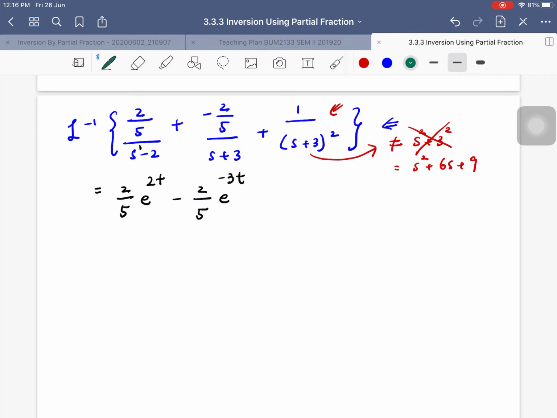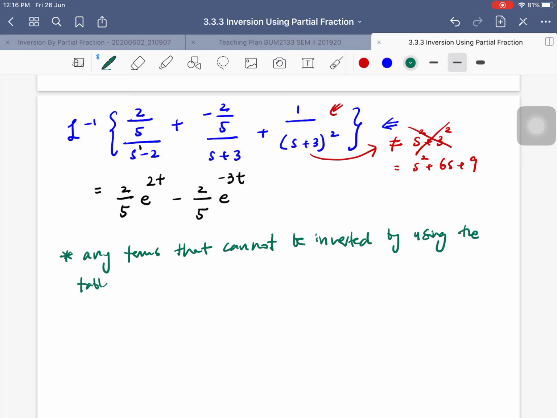So let me put a remark. Any terms that cannot be inverted by using the table will definitely be done by using the inversion of Fishev theorem.